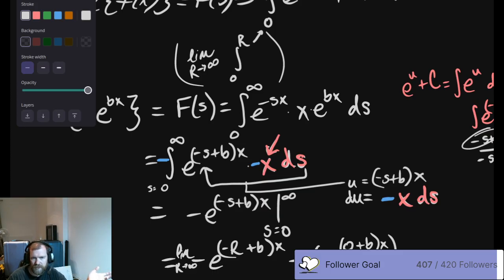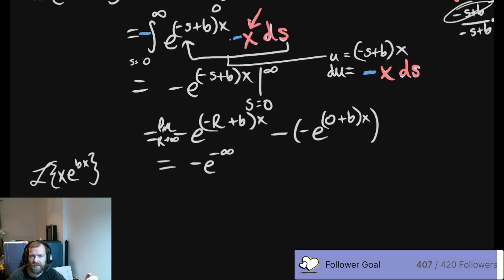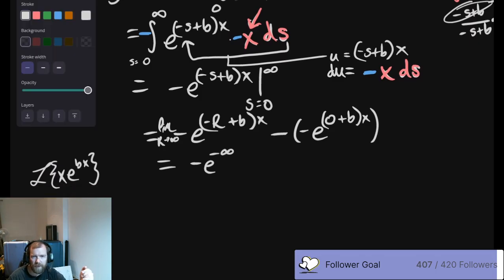There's no multiplication by negatives, so we've just got a negative infinity. So negative e to the negative infinity, if you excuse the infinity symbol showing up in the middle. Some people get bothered by it, like I said. So this is just going to be 0. And over here we get a plus e to the, and now the 0 plus b becomes b, it's just bx.